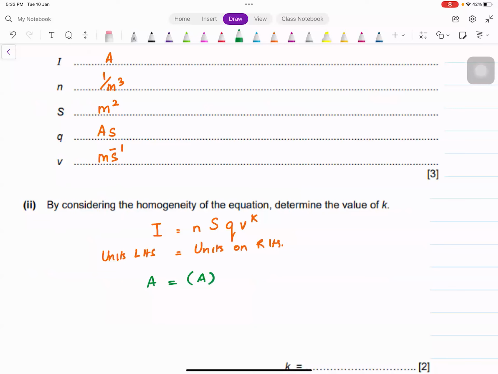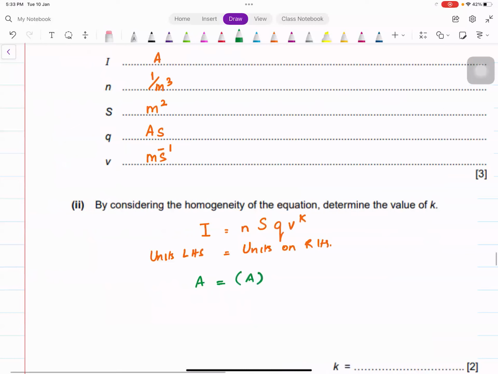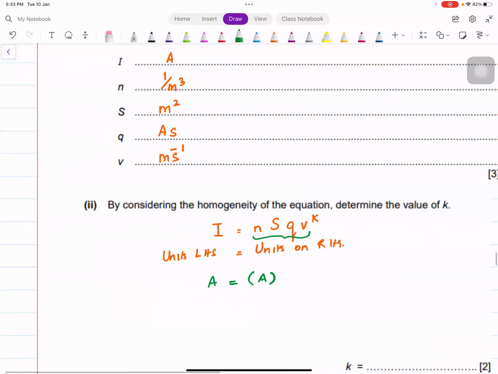So what we're going to do is first put in the units of these quantities together, and then we're going to check it against amperes, right? So let's do that.